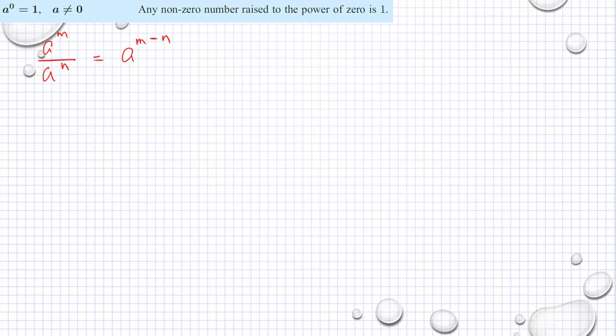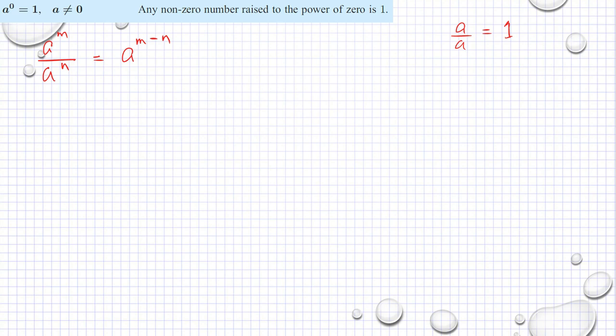Okay, so if I have a divided by a, we know that this is 1. When the numerator and the denominator are the same or are equal, then the quotient is always 1.